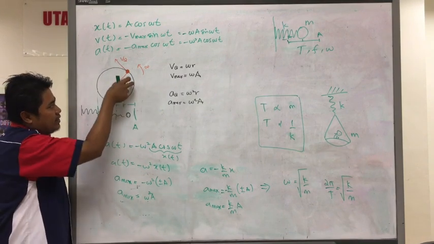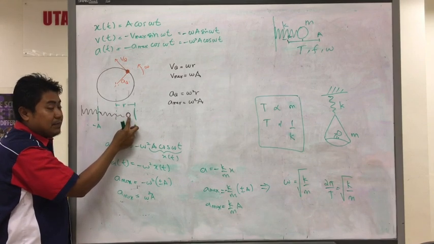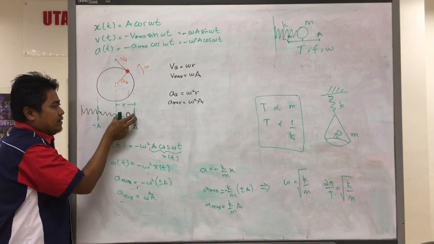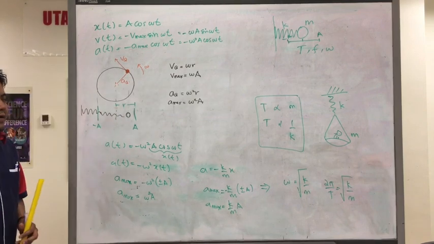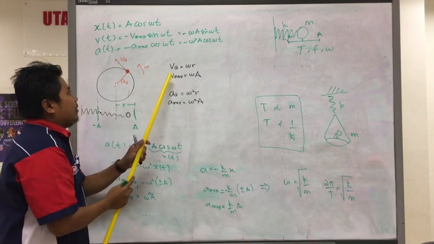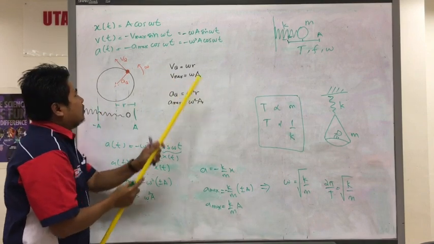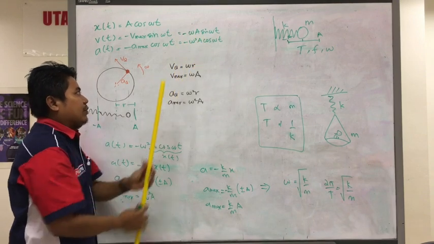Because from here you see that the radius is also equal to the amplitude of the simple harmonic oscillator. You see this is the same length. So we have v_max equal to omega A. We can put this v_max equal to omega A into our equation here, so that we have negative omega A sine omega t.